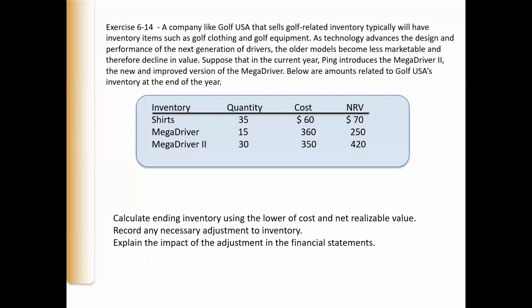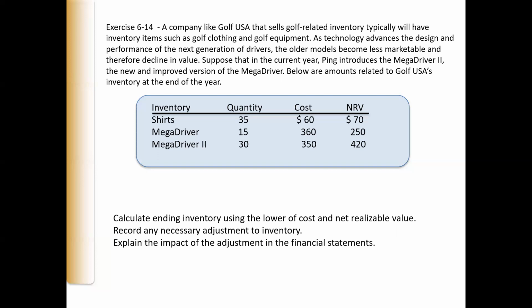Okay, so we're going to look here. A company like Golf USA that sells golf-related inventory typically will have inventory items such as golf clothing and golf equipment. As technology advances the design and performance of the next generation of drivers, the older models become less marketable and therefore decline in value. Suppose that in the current year, Ping introduces the Mega Driver 2, the new and improved version of the Mega Driver.